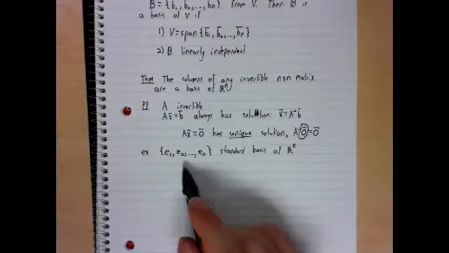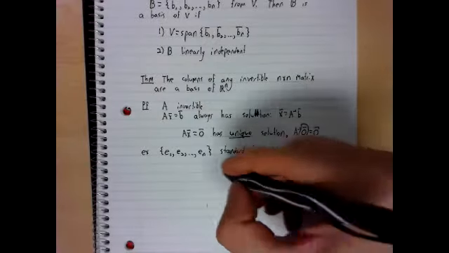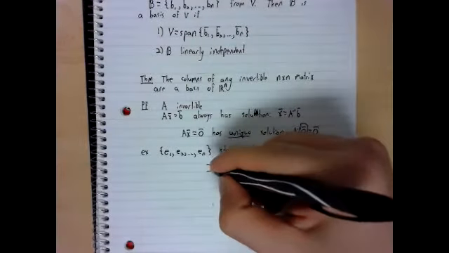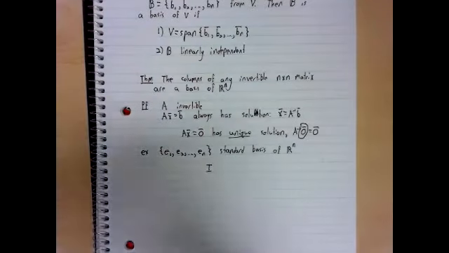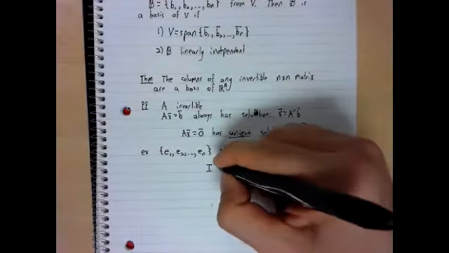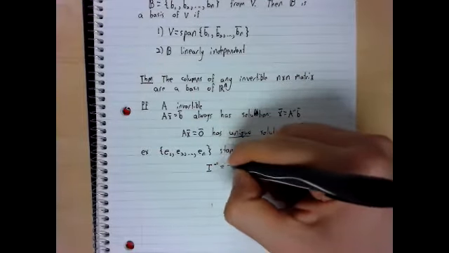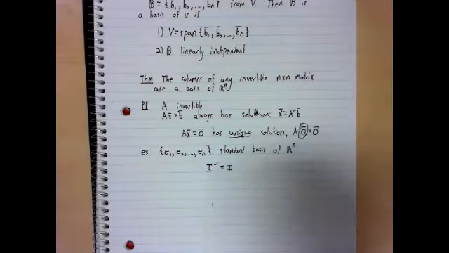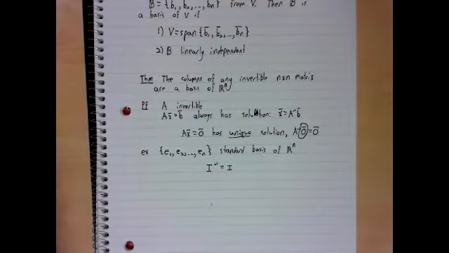And they're definitely a basis because they're the columns of the identity matrix I, and the identity matrix I is surely invertible.